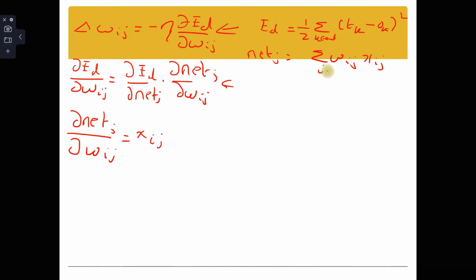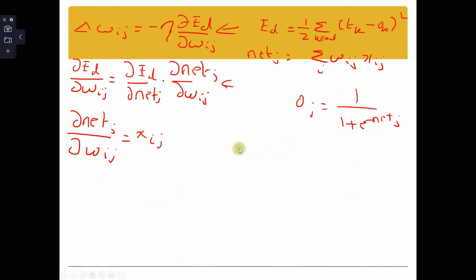This was straightforward. The next step is to determine this del E_D by del net_j. How do we get it? If you look at the error term, you will see again there is no net_j that connects to this one. But net_j can influence the network only through o_j. Why? Because o_j is equal to 1 upon 1 plus e power negative net_j, as we just saw in the previous notation.